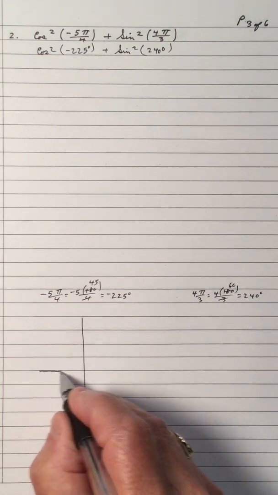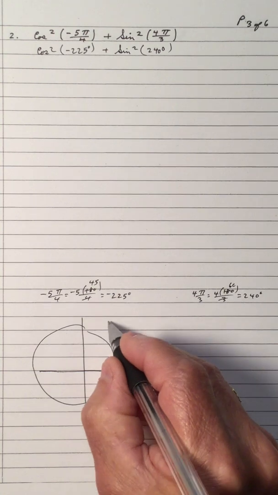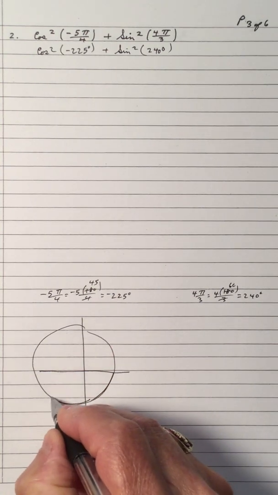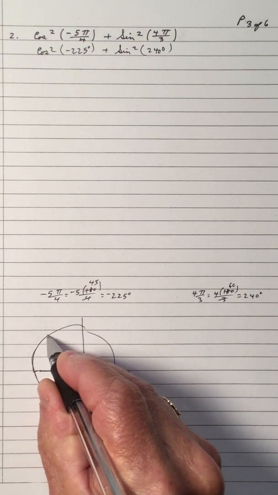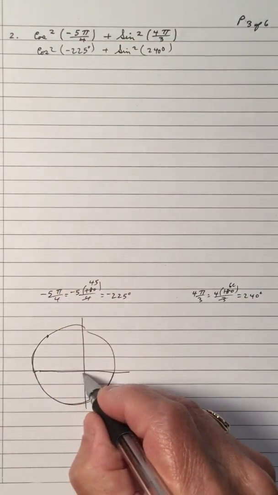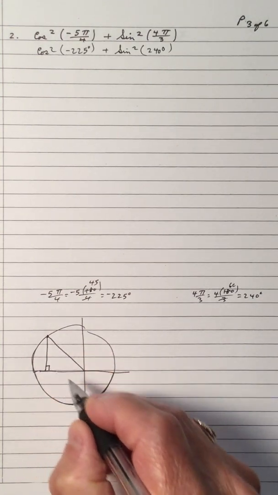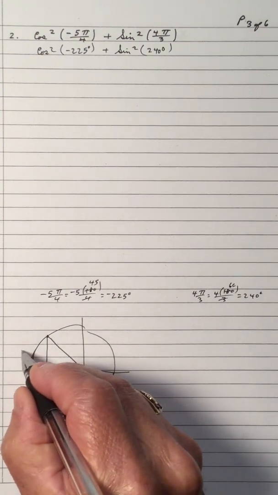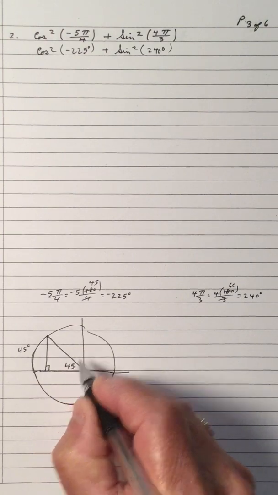So here we go. Do the rotation of negative 225, so it's right here, and up here, right to there. And notice the reference angle is 45, so when I draw my terminal arm, perpendicular to the x-axis, this is a negative 225, 180, so that's a 45 right there, reference angle 45, right?